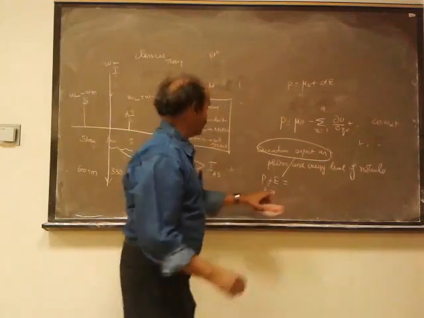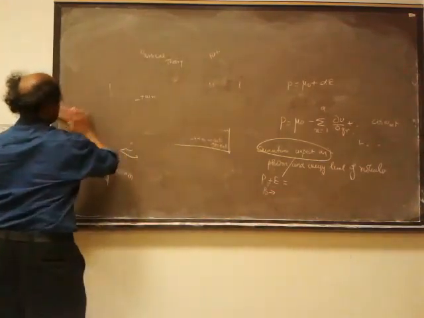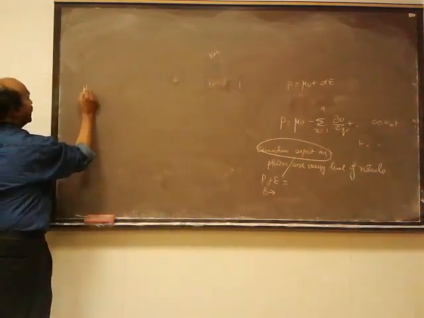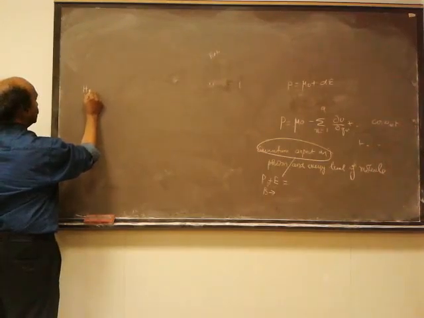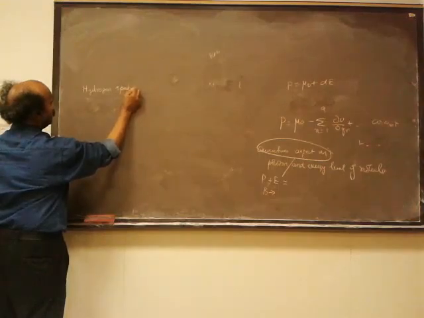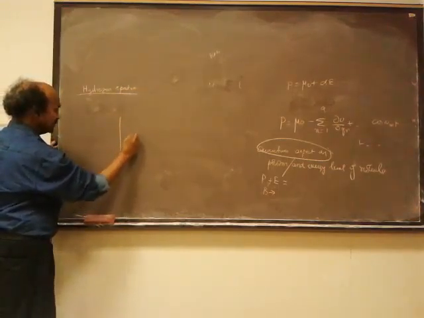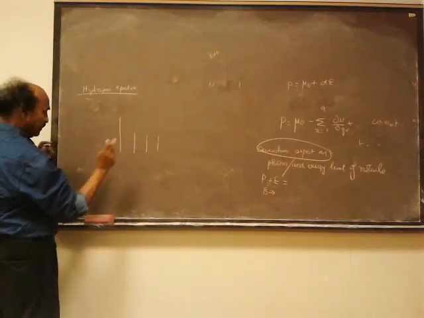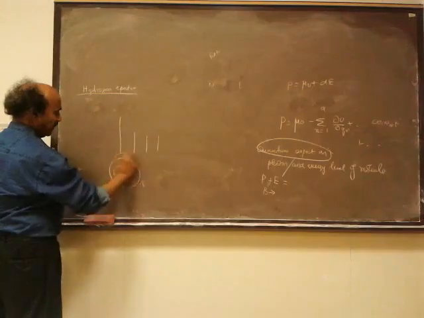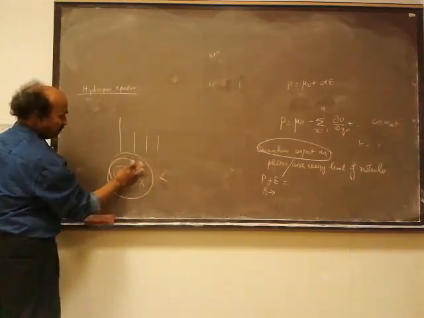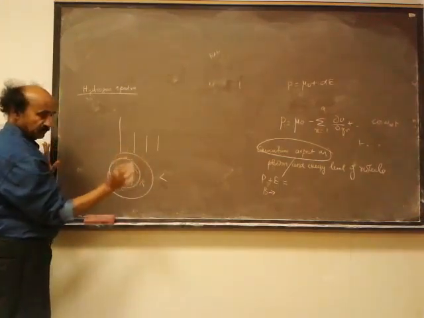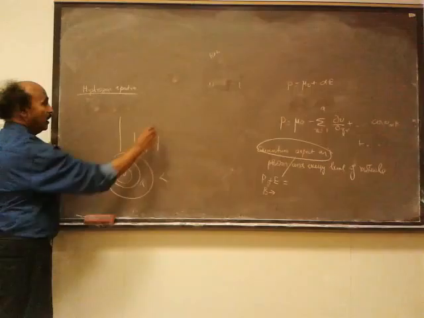Only under this condition can you explain hydrogen spectra, which you must have studied in school. When you observe the hydrogen spectra, you get lines like this. This is possible only when this is the nucleus and you have the energy levels K, L. In between there is nothing. The energy levels are discrete and quantized.